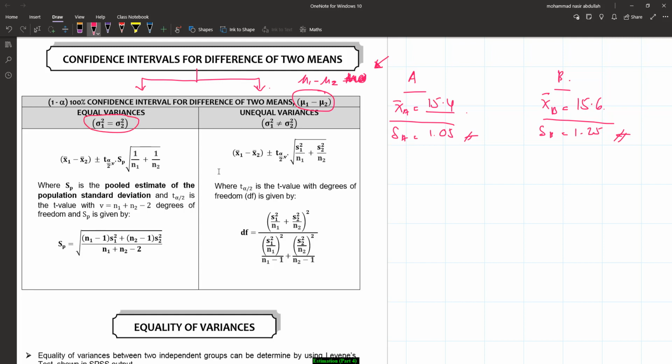If we have equal variance, it means the variances of population A and population B are equal, so we can use the T distribution with a pooled standard deviation.